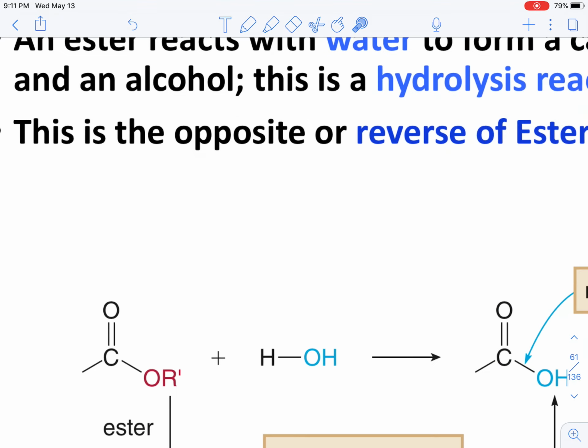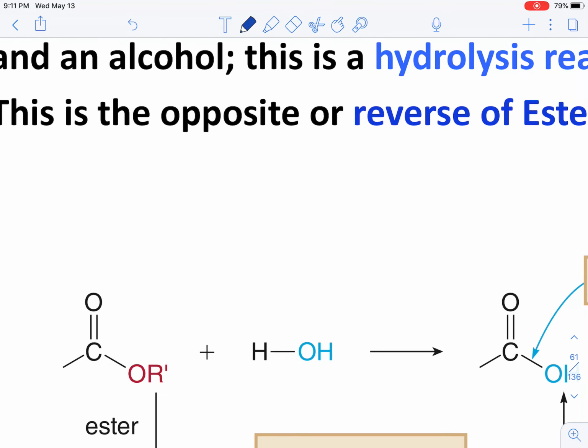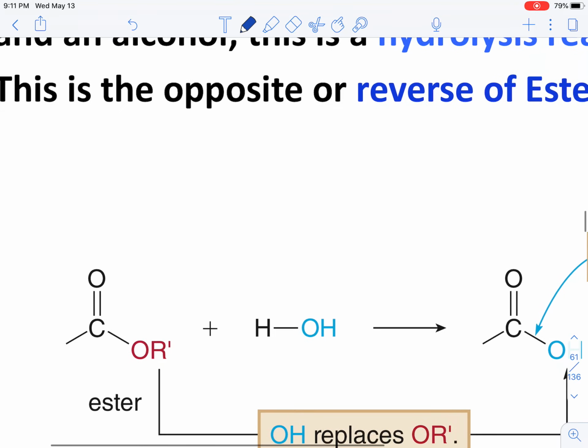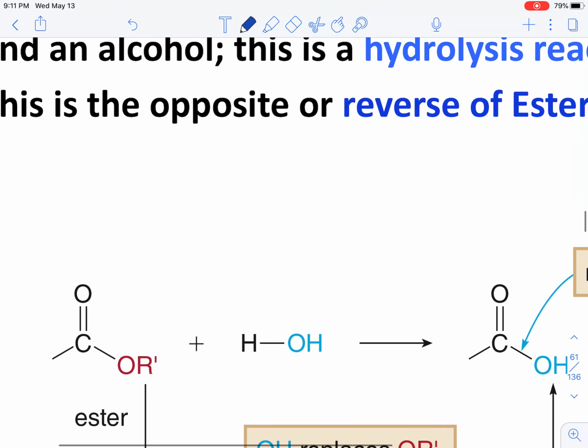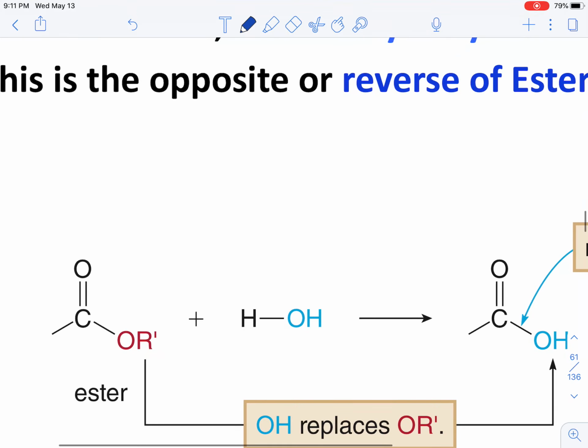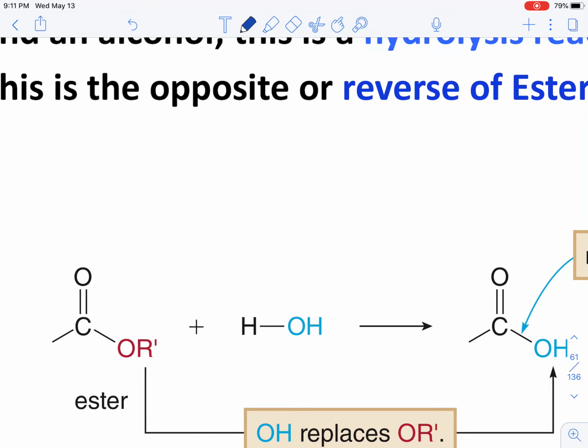All right, so I want to go ahead and demonstrate this by looking at how the bonds break and reform, using this generic ester that you see on the screen as the material that we're going to be working with.